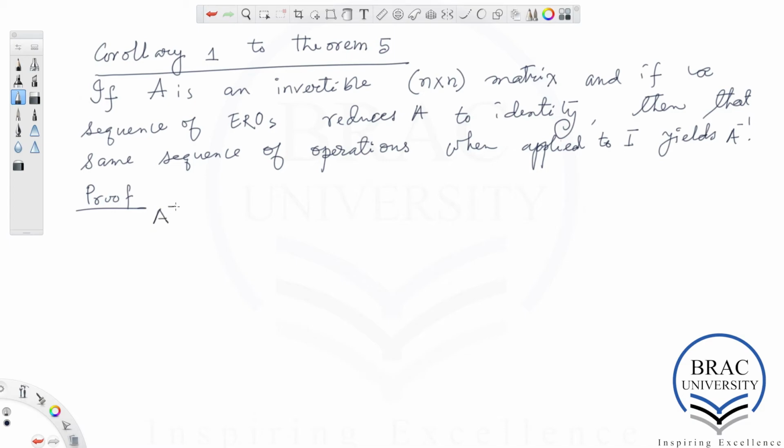A inverse, right? Okay. So using equation 7 and the corollary to Theorem 3, one obtains the following.